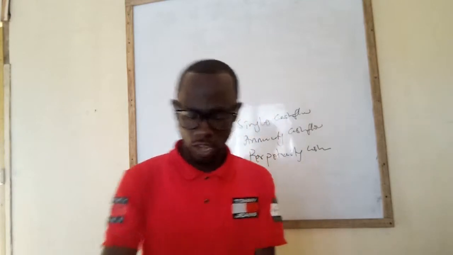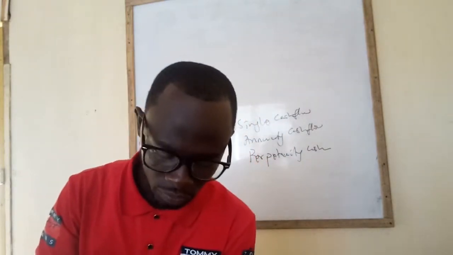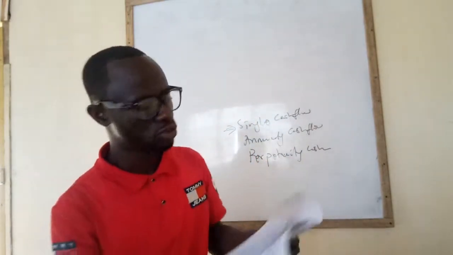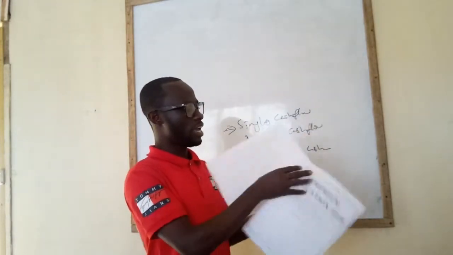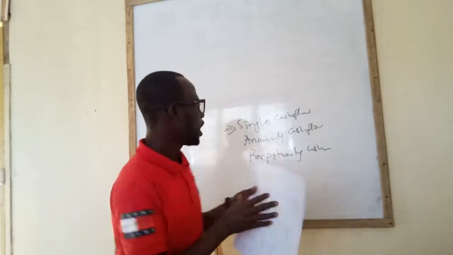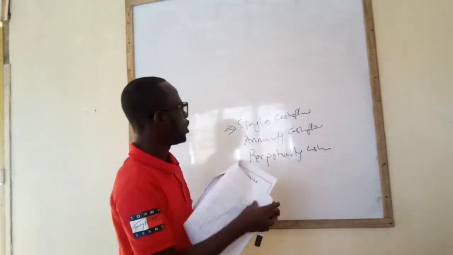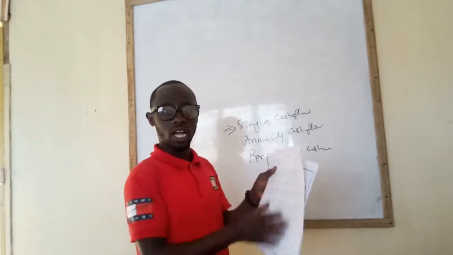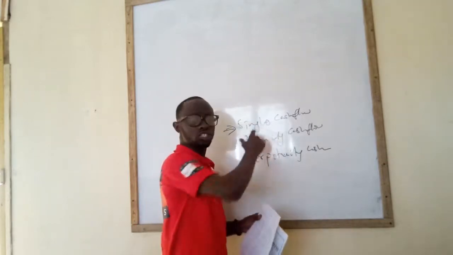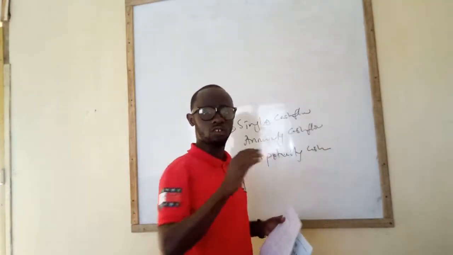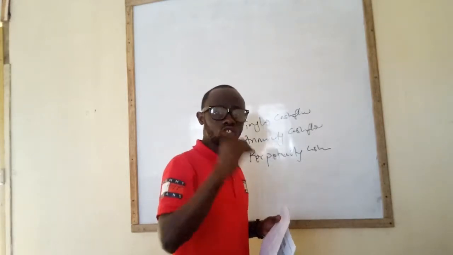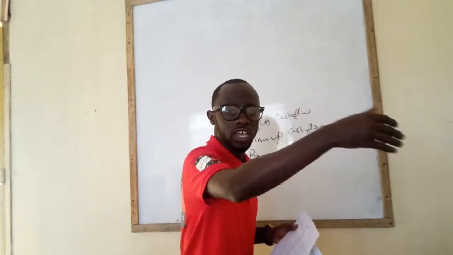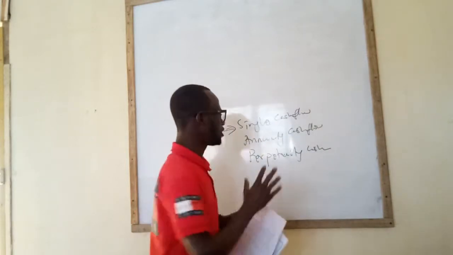If you look at your NPV table closely, you realize that there are two things here. We have the present value table, and then we have the annuity table. Usually we're going to be using the present value table. But if the same amount of money is received over the life of the project, so the project has a life of 5 years and we are receiving 200 Ghana cedis over the 5 years, then we're going to be discounting that using what?